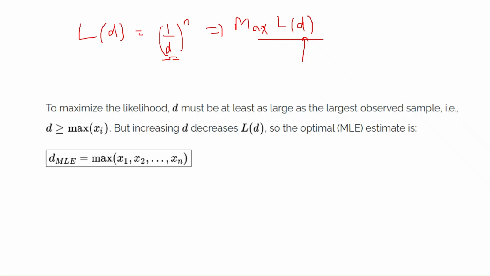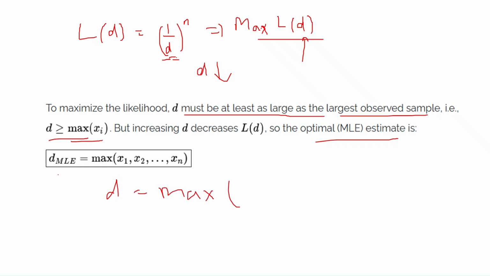So to maximize this function, we want d to be as small as possible. But d has to be at least as large as the largest value of x. So d must be as large as the largest observed sample point. So d is greater than or equal to the maximum of xi, which means that the optimal MLE estimate is given by max of xi.